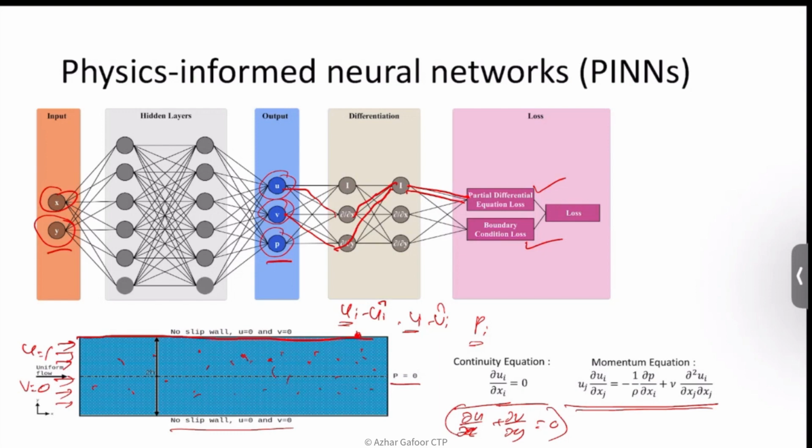Similarly, the momentum equations can also be formed using these networks, and we can form the partial differential equation losses. So now we have both the boundary condition loss and the partial differential equation losses. Both these losses are combined here, which will be used as a metric to update the weights.